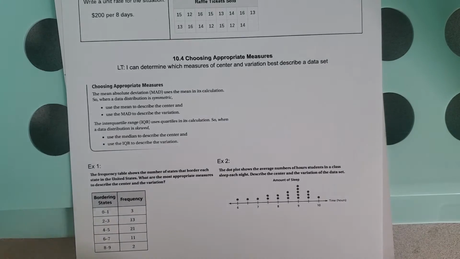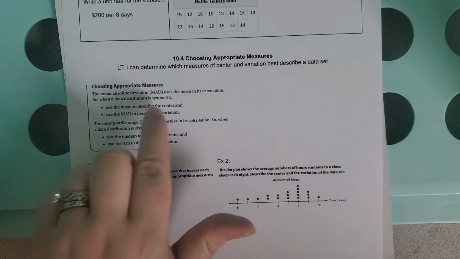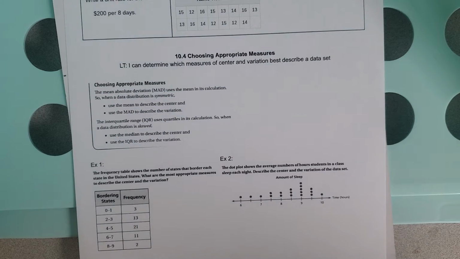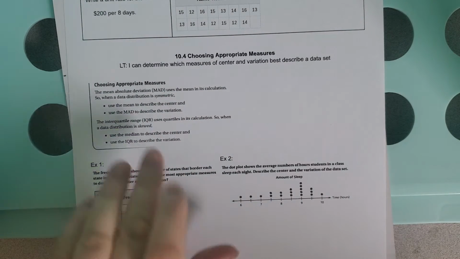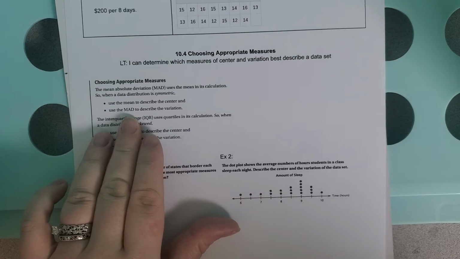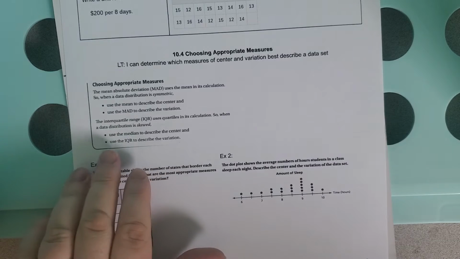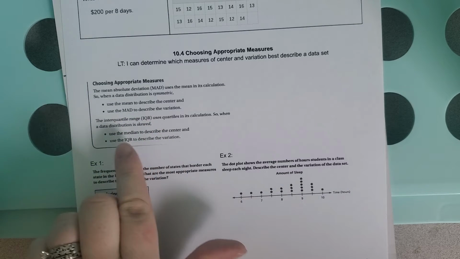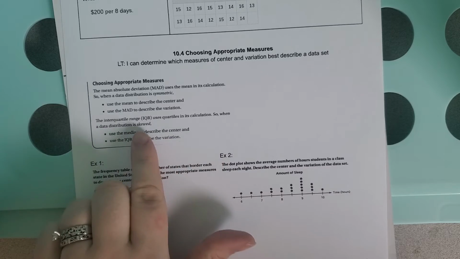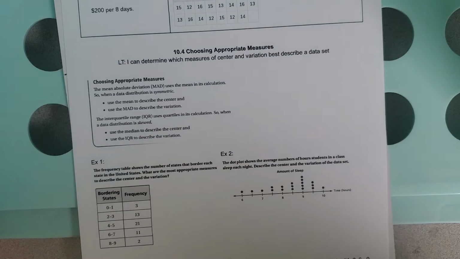So to choose appropriate measures, the mean absolute deviation uses the mean in its calculation. So when the data is symmetric, you use the mean to find the center, and you use the mean absolute deviation to find how much it varies. You use the interquartile range and the median when the data is skewed. So remember, skewed left or right.